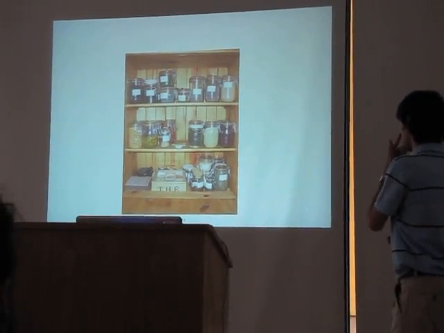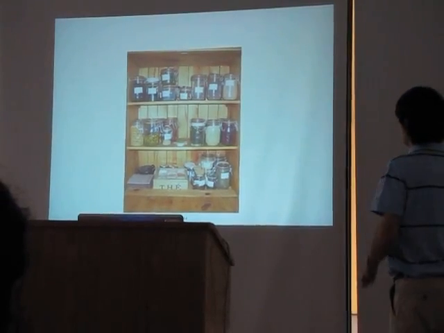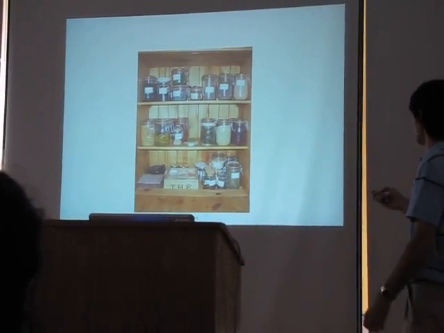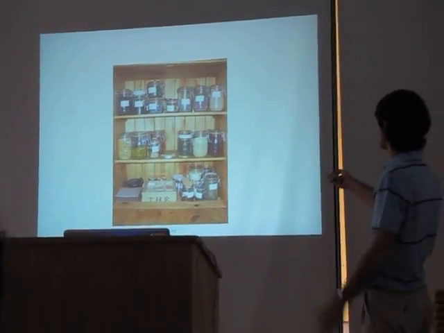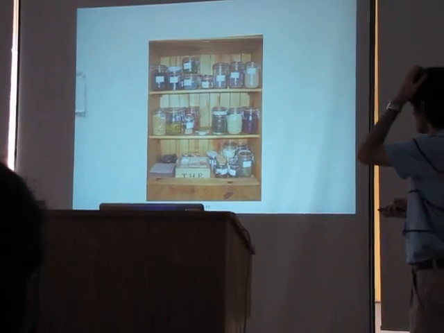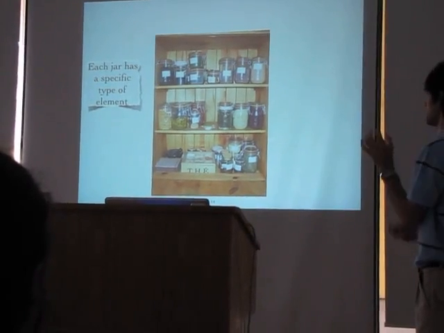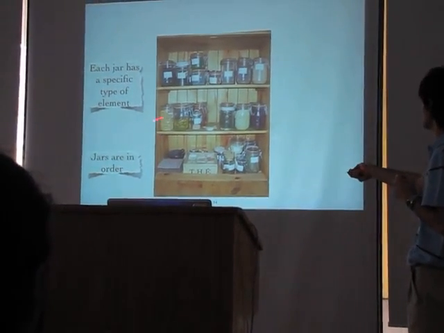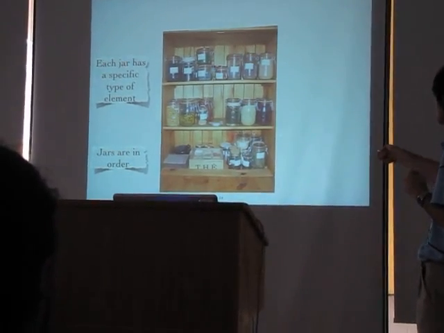I was trying to do a metaphor to explain this, so maybe it's a little stupid, but I think it's worth it to do the metaphor. So imagine that we have a lot of shards, and each shard contains stuff inside. So you see, each shard has a specific type of element. You see, each type of element is not in another shard.